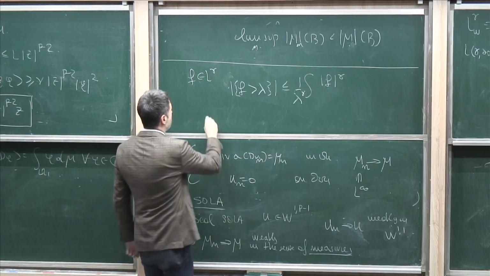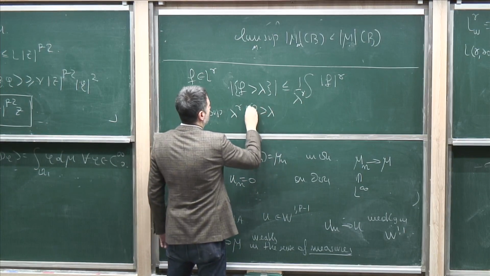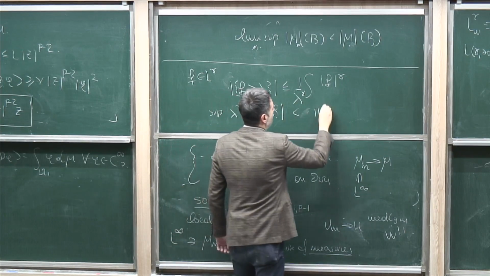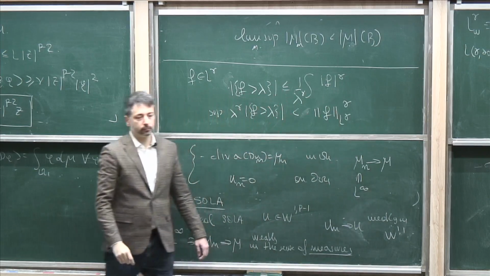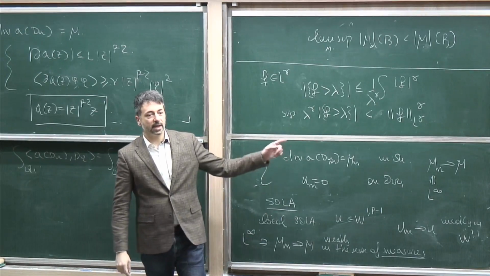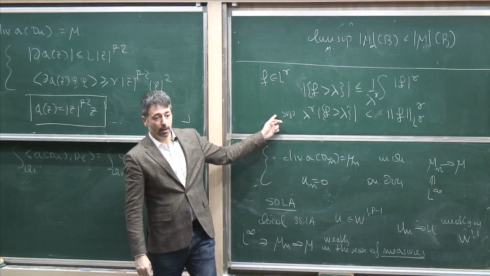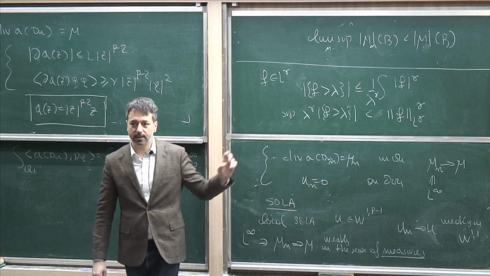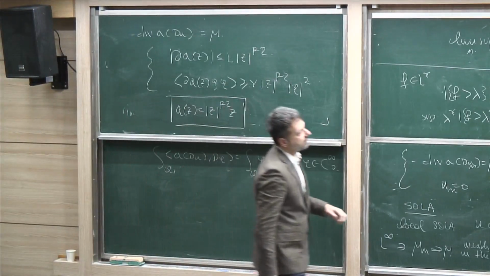And therefore, the sup of these quantities is bounded by the L gamma norm. So if f is in L gamma, it automatically belongs to M gamma. Otherwise, you take the left-hand side and you prescribe that it is finite. And that's a way to get rapidly a justification of this definition.